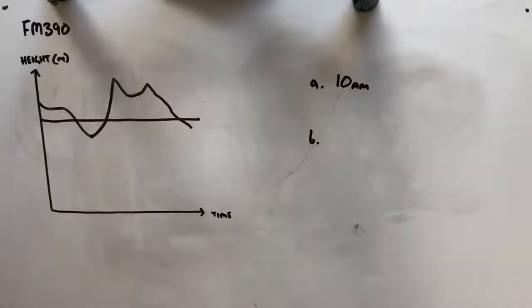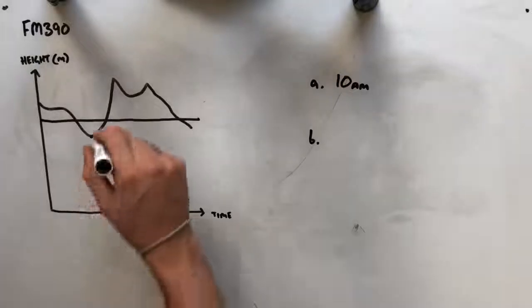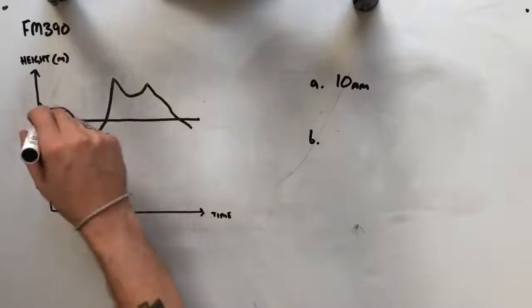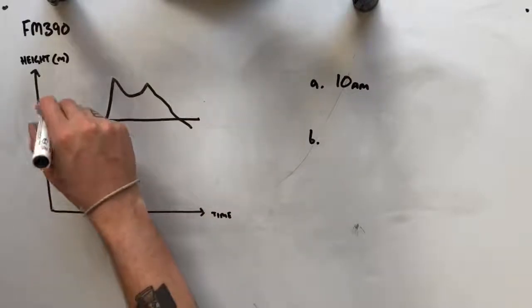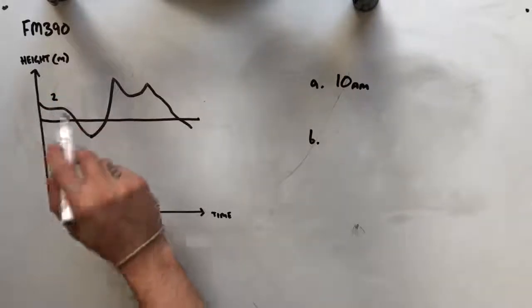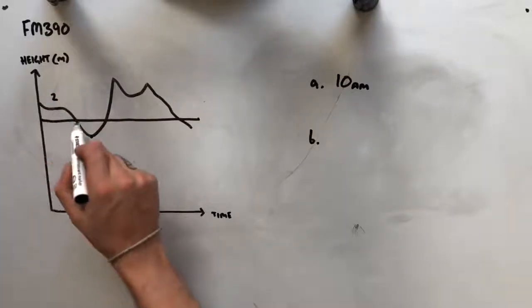And now our job is to look at what's being described here. For how long are we greater than that line of 2 meters? So we're looking at this time here, which is 2 hours. So for the first 2 hours, our average wave height is greater than 2 meters.